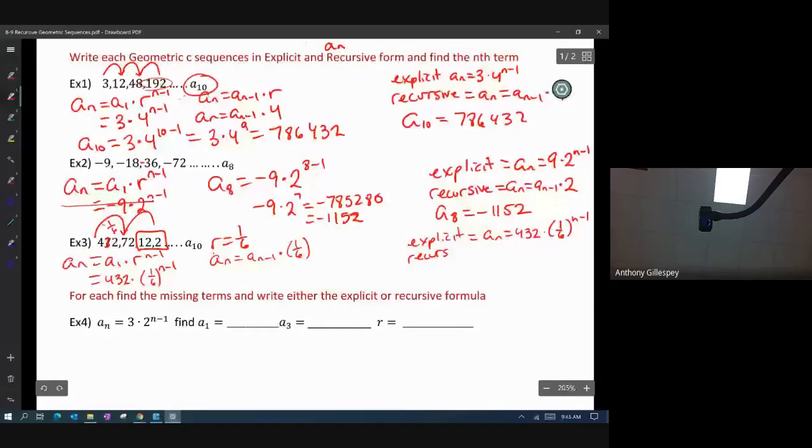And the recursive: a sub n equals a sub n minus 1 times the common ratio, which is 1/6 in parentheses. And what do we want to find? A sub what? 10? All right, that's going to be ugly. What is it? Say it for me, Mike. 1 over 2, 3, 3, 2, 8. So a sub 10 is 1 over 2, 3, 3, 2, 8.